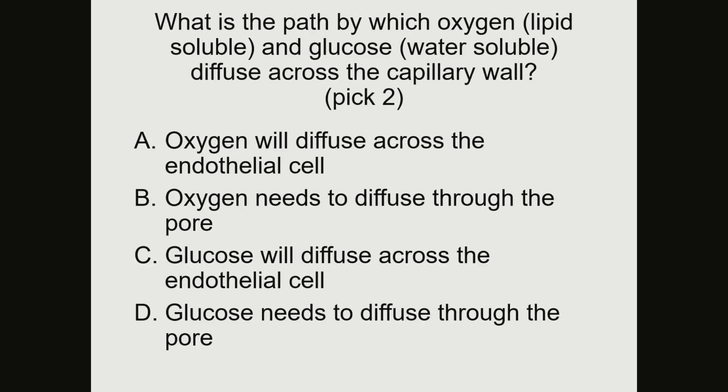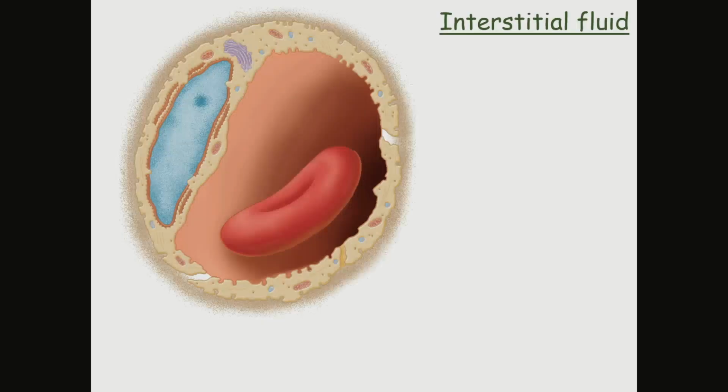Okay, so when I think about oxygen, lipid soluble, can that cross the plasma membrane? Yes, okay. So that goes across the endothelial cell. Glucose, can that cross the plasma membrane? No. And so that goes through the intercellular cleft or pore, okay? So just to illustrate that here, here's my interstitial fluid. Oxygen goes across.